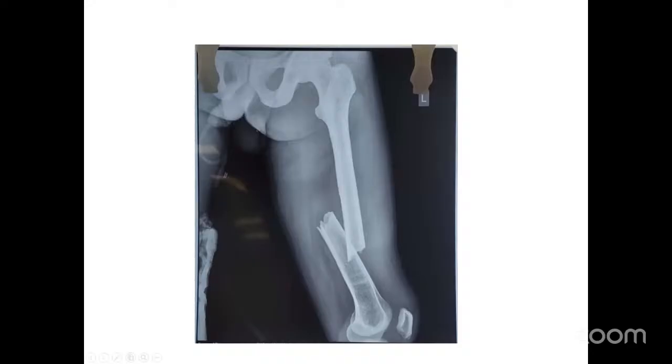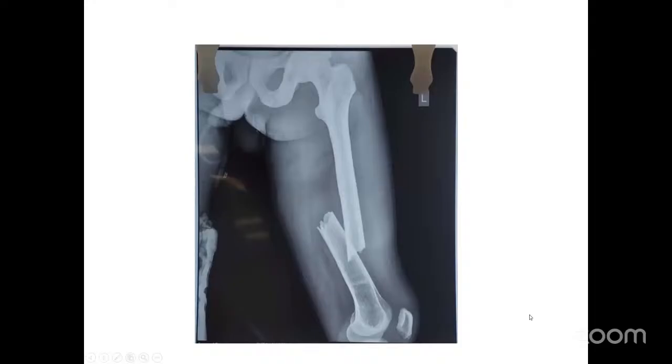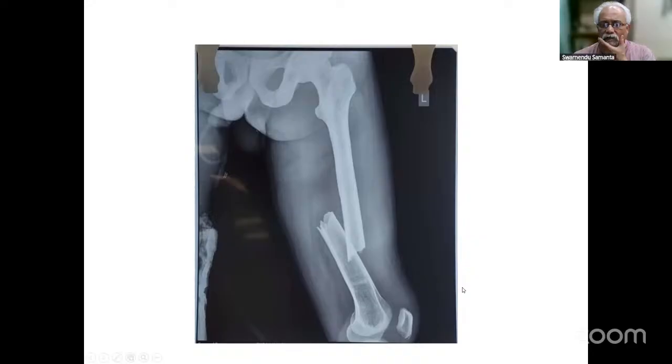Good evening, sir. Plain radiograph of left hip with femur of a mature skeleton showing left hip with femur and knee joint, showing a fracture shaft femur. Okay, very good. There is no point in saying plain radiograph.